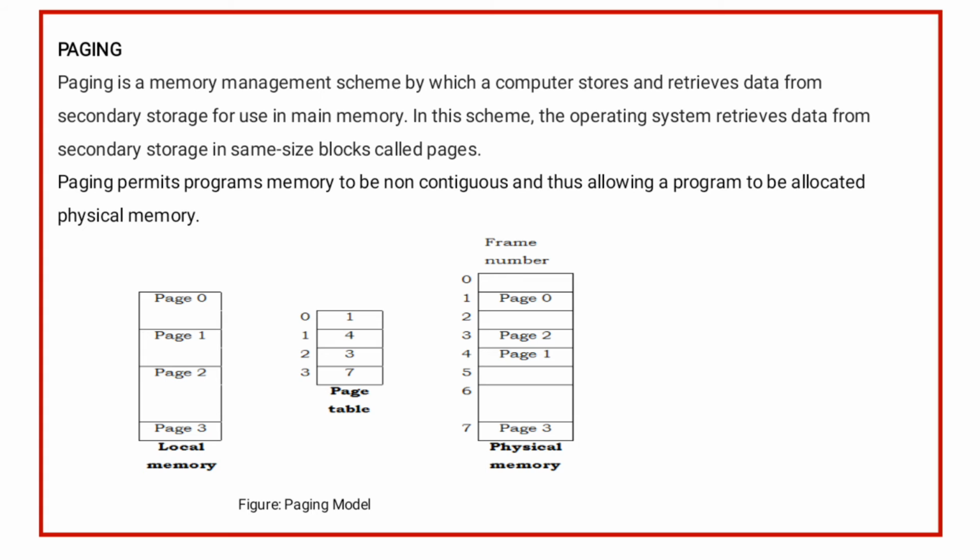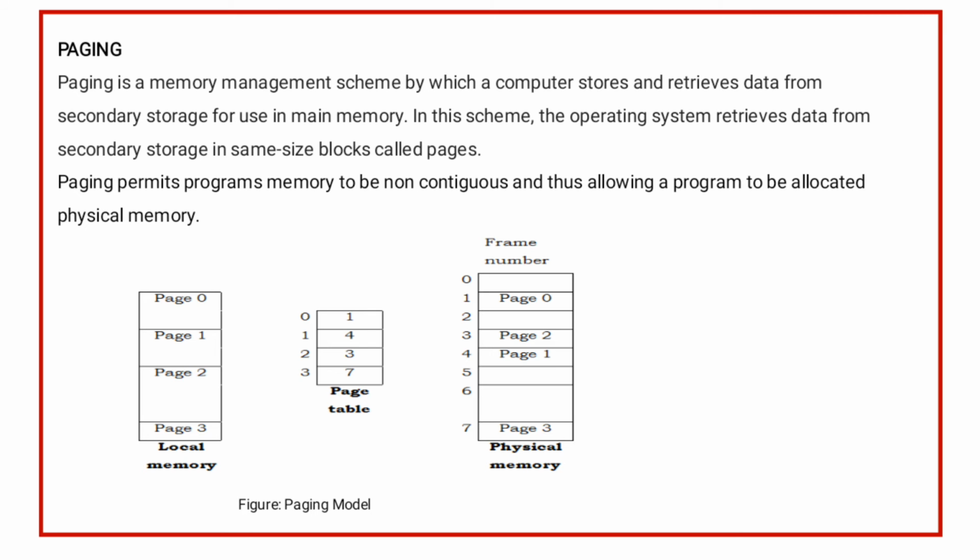The logical or virtual address space of a program is divided into equal-sized pages, and the physical main memory is also divided into equal-sized page frames. The size of a page is the same as that of a page frame, so that a page can exactly fit into a page frame and it can be assigned to any frame which is free.